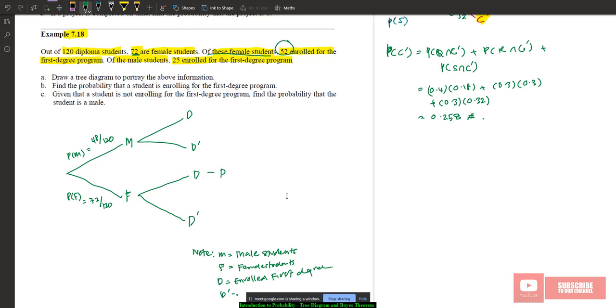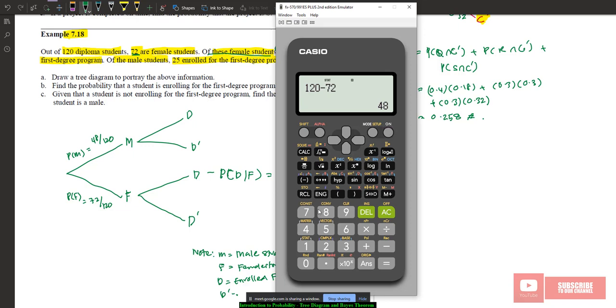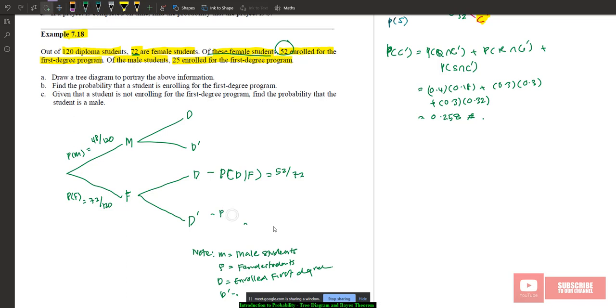So now, out of female students, 52 enroll for the first degree program. So this is probability of D given F. It should be equal to 52 over 72, right? We have 72 female students, and of course 72 minus 52 should be equal to 20. So the probability of D complement given F should be equal to 20 over 72, right?